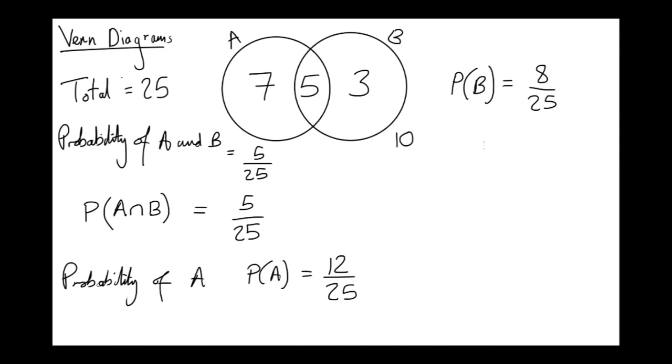Now, the last thing I might think about is, what would the probability of A or B be? So it could be A or B. The way we write this, probability of A or B, so it could be either, I write like this.